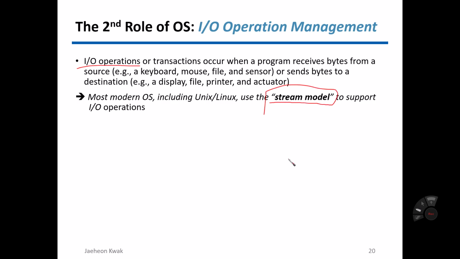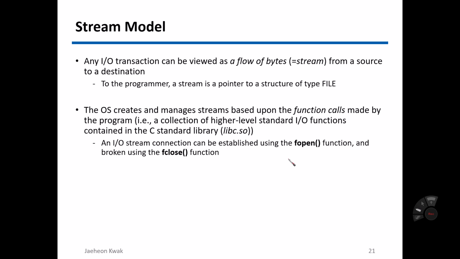Now let's see what the stream model is. Any I/O transaction or operation can be viewed as a flow of a byte stream. Here, stream is like a small river, from a source to a destination.